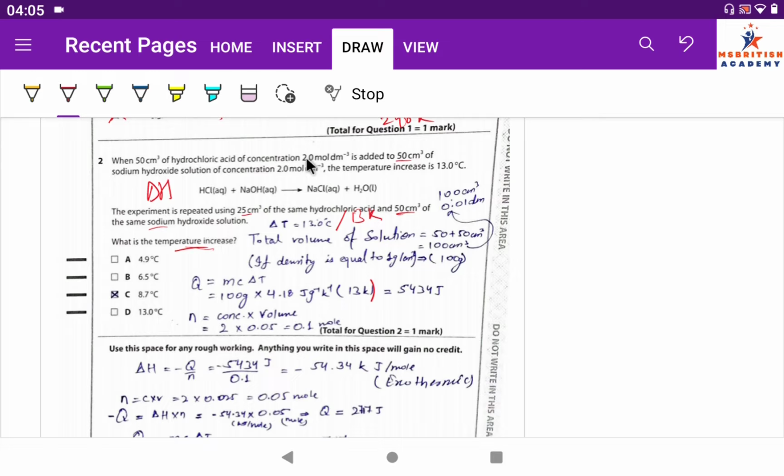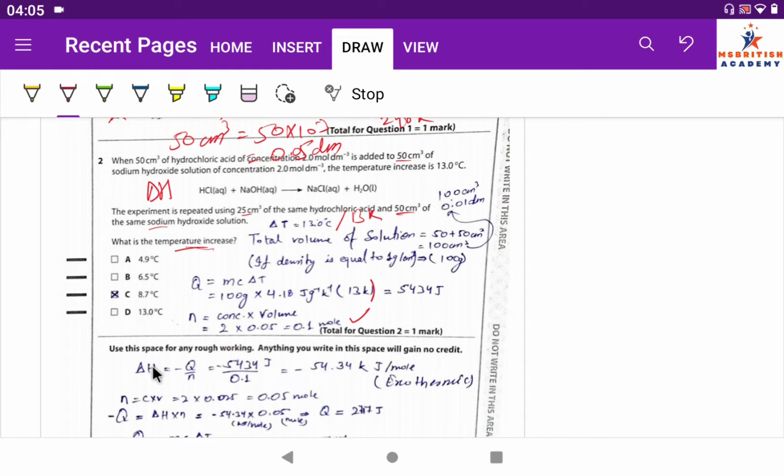Concentration is given as 2 moles per decimeter cube, and the volume is in centimeter cube, so we will convert it to decimeter cube by multiplying by 10 raised to minus 3. So we get 0.05 decimeter cube.